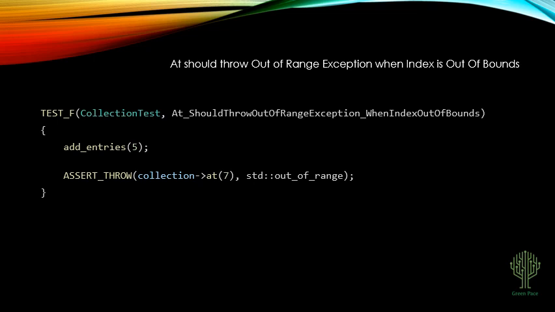The add entries function is a helper method that calls the push back method with a random integer under 100 the specified number of times. We'll see that add entries helper method throughout the remainder of the unit test. The assert throws assertion is used to ensure the correct error is thrown.